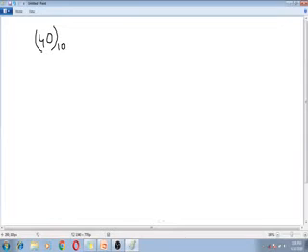This base value is 10, that means the 40 is in decimal form. So now I will show you how to convert this 40 into its equivalent binary form. This is the process.